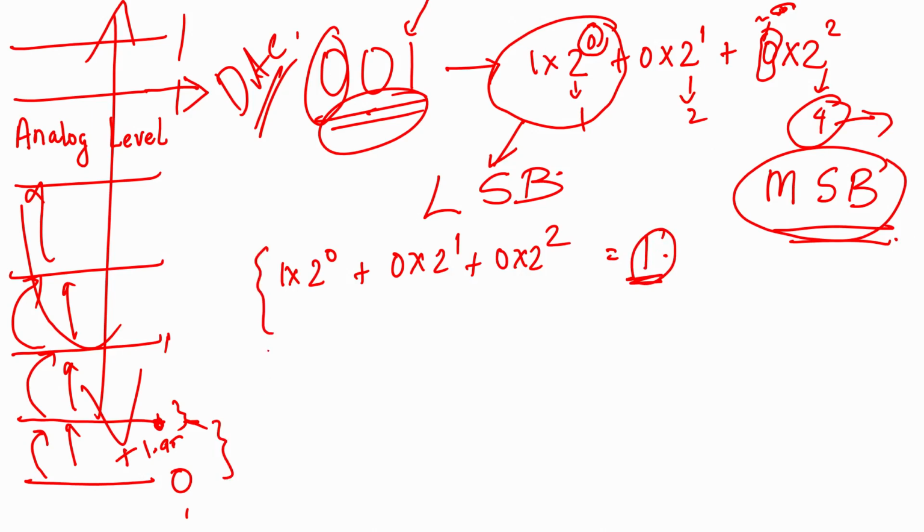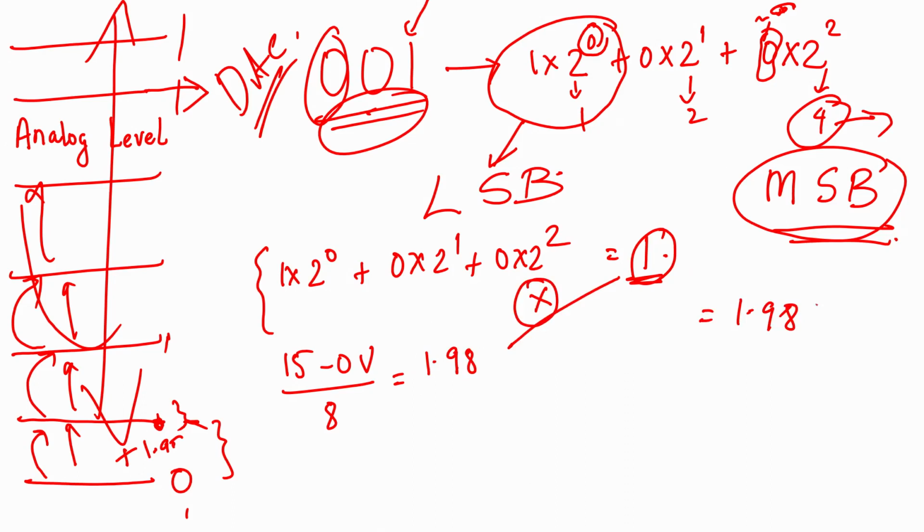What is the analog voltage level in your system? It is 15 minus 0 volt by 8. So, that is around how much? We had seen 1.98 around. So, 1 multiplied by 1.98 equals 1.98 volt.